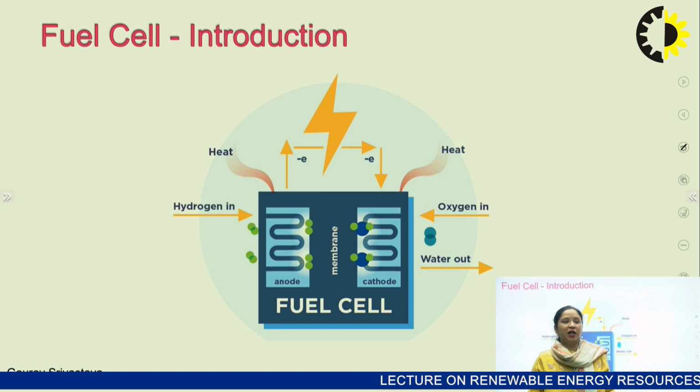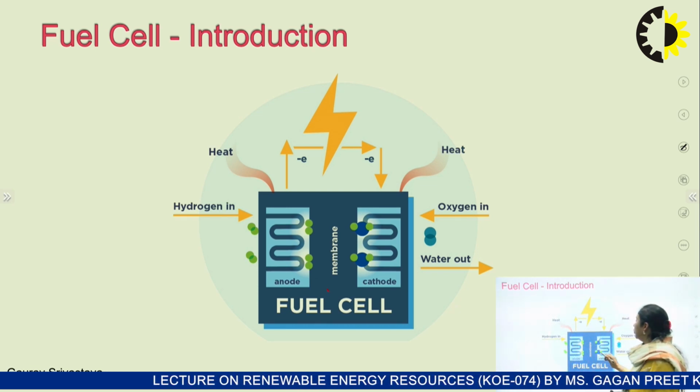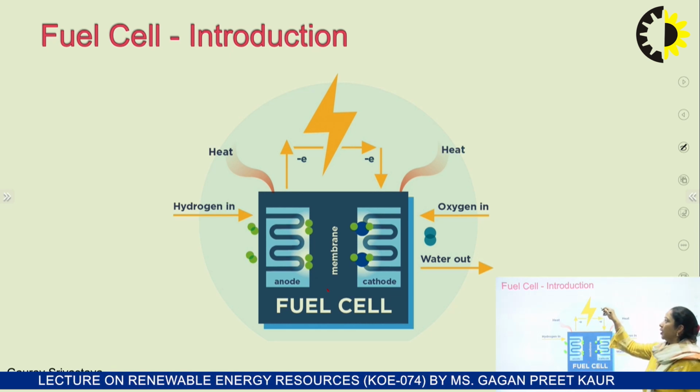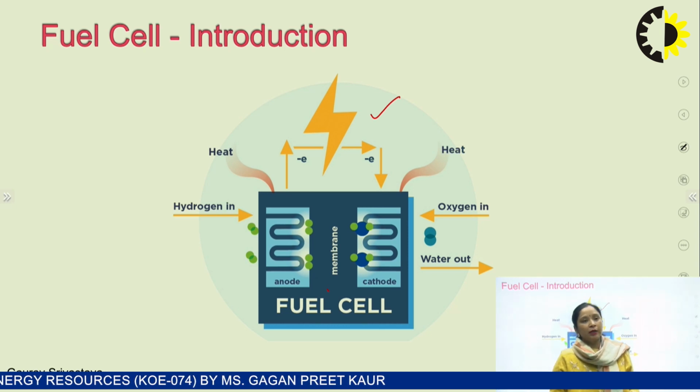Hydrogen is coming and oxygen is coming, and they are being supplied, electrons are being generated and electricity is being generated. The result of this is obviously electricity, and water is produced as a residual effect.